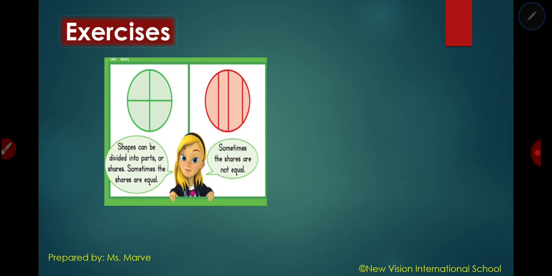Always remember shapes can be divided into parts or shares. Sometimes the shares are equal, just like this example. And sometimes the shares are not equal, just like this. When you say not equal, it means other shares are bigger than the others, or shall we say other sizes are smaller or bigger than the others.